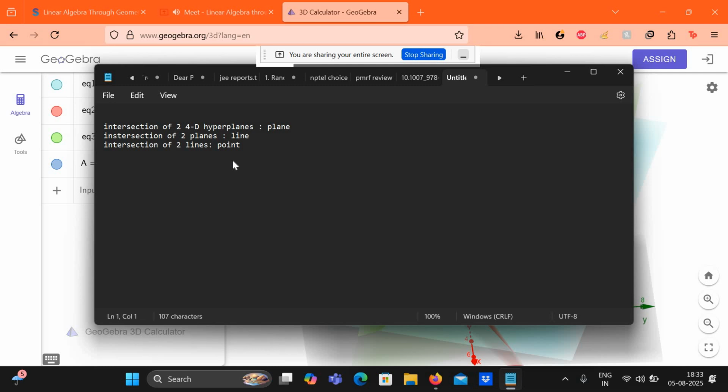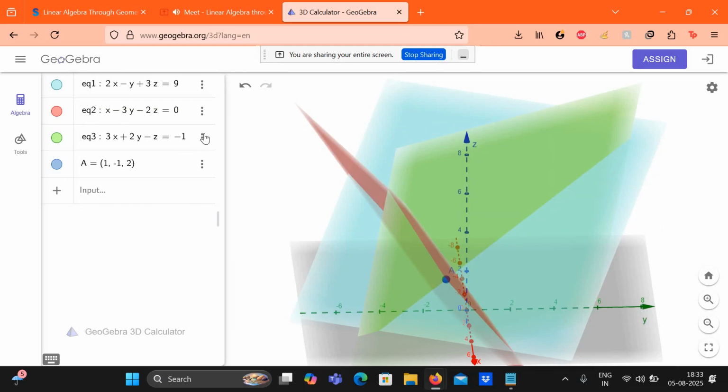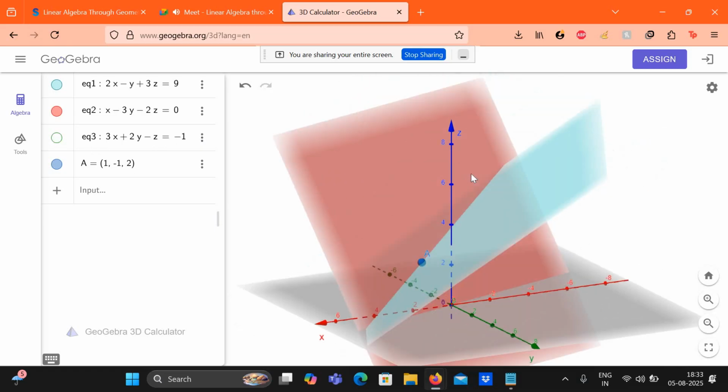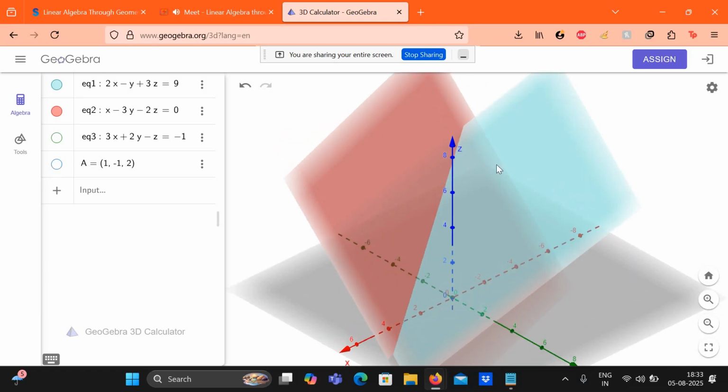Now, when does it not increase? Is it always true? Let's say I remove this line, and I'll remove this also for a while. So you have these two planes, and they are forming a line.